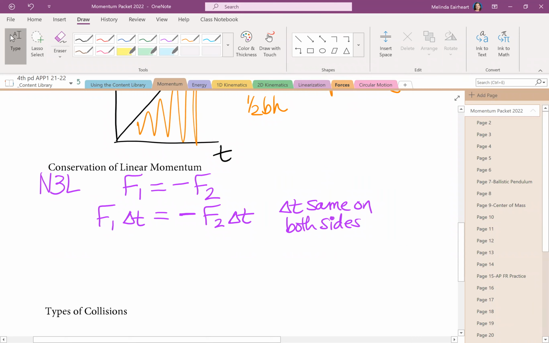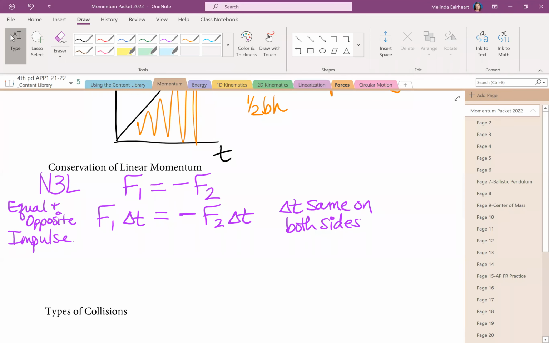Remember, it's the time of the hit, the time of the kick, the time of the throw. And so from here, this is an impulse. So you could look at Newton's third law as equal and opposite impulse. It's kind of a new way, equal and opposite impulses during a collision or during the interaction, whatever it is.